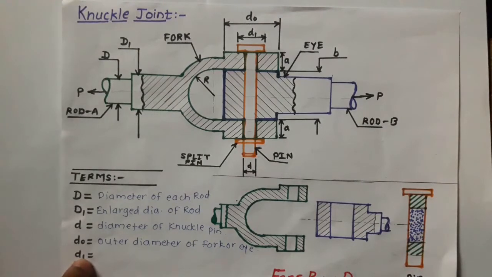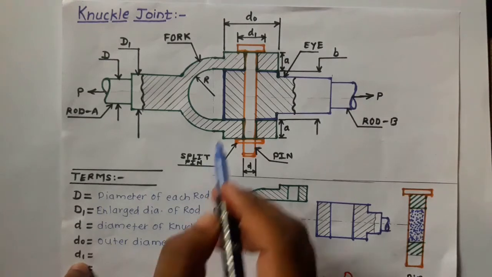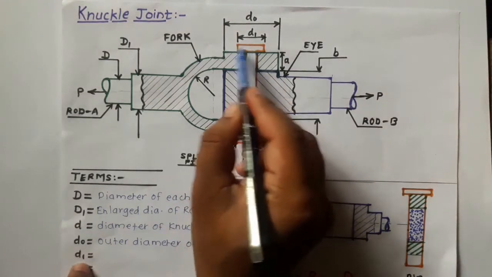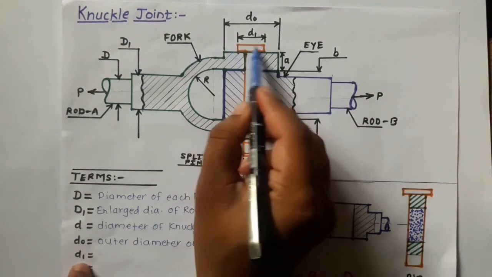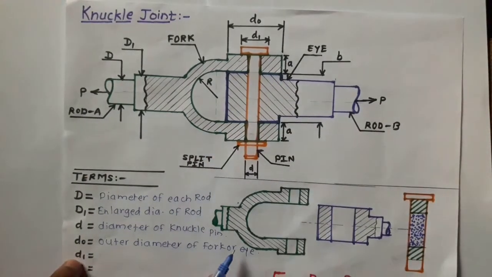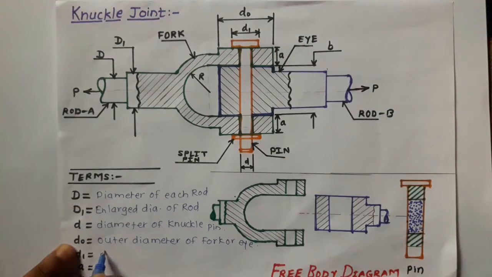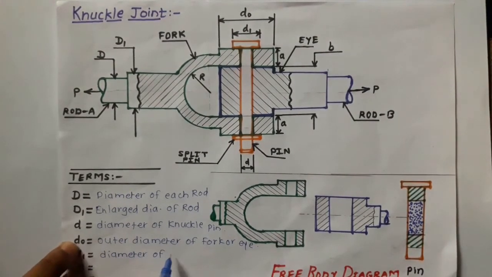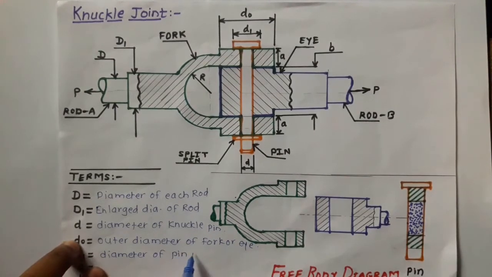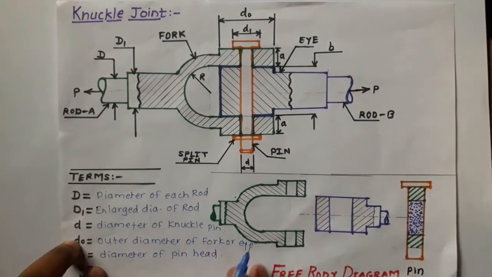Now the next diameter is small d suffix 1. Here this pin has a head and its head diameter is d1. So we can write here d1 as the diameter of pin head. It is also in mm.